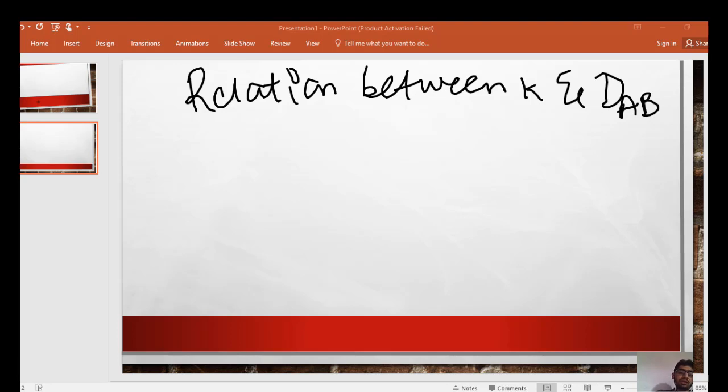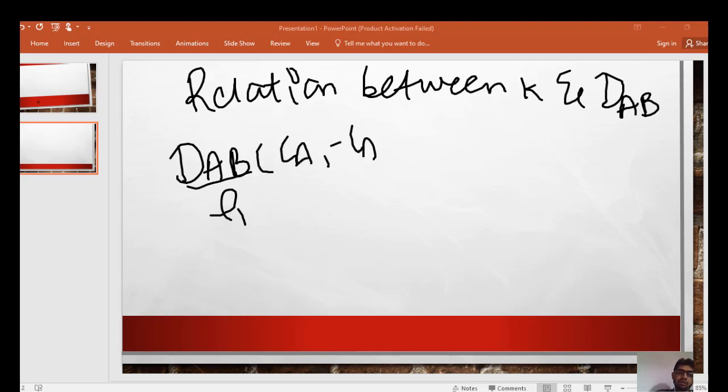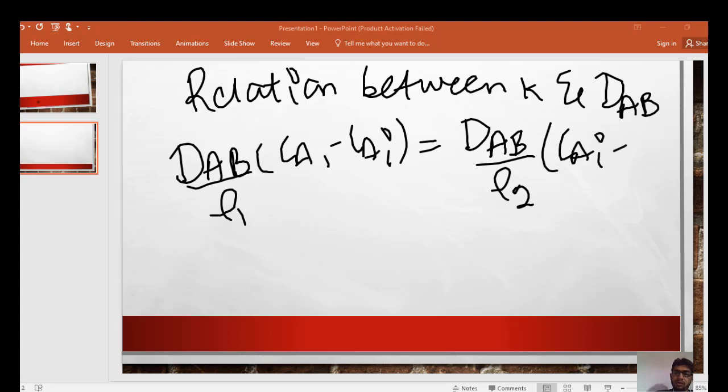The flux is the diffusivity of component A in B divided by L1 into the change in concentration, CA1 minus CAi, where CAi is the concentration at the interface, and this is equal to the diffusivity of component A in B divided by L2 into CAi minus CA2.